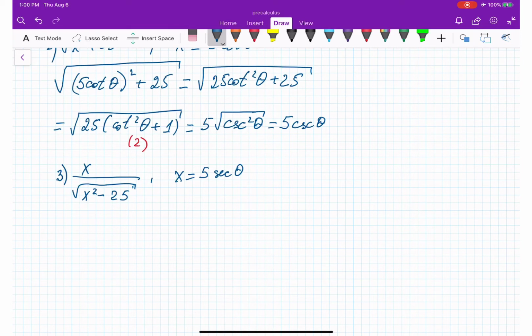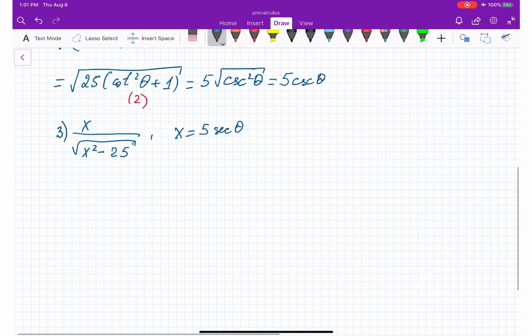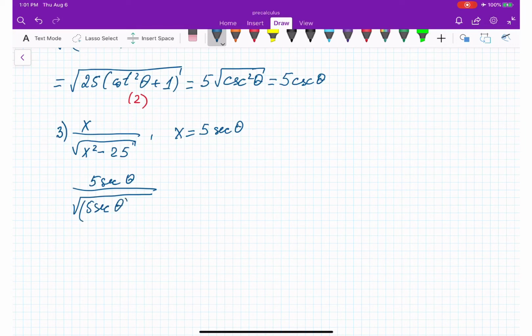So instead of x, we plug in 5 secant theta over the square root of 5 secant theta squared minus 25.